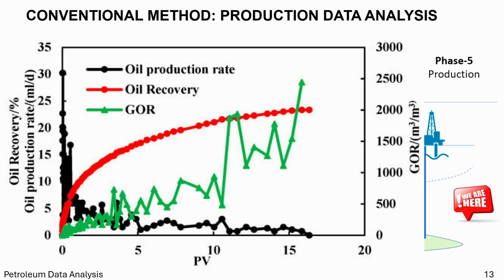The reservoir is changing all the time. Pressure drops, water cut rises, gas production may increase, and well deliverability may decline. So production data are not static. They are living data.